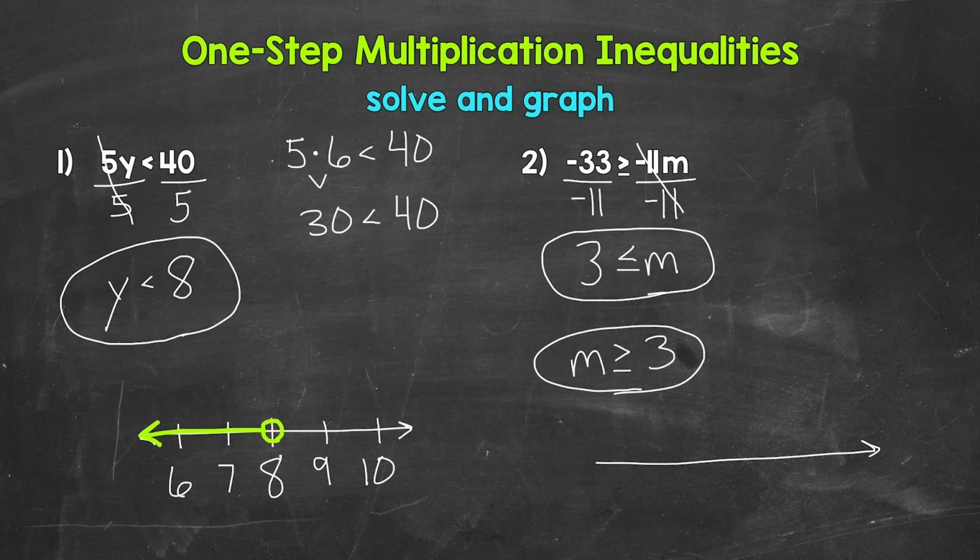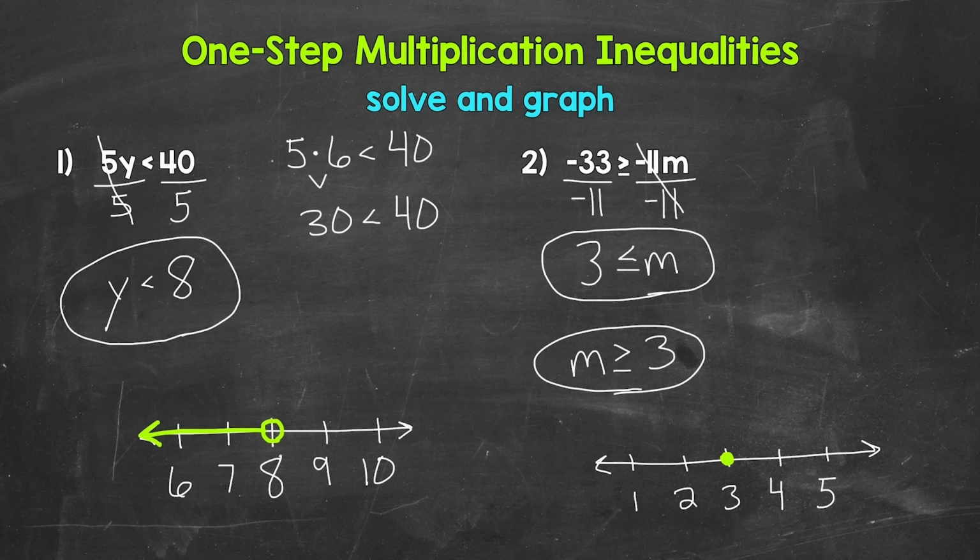So we can draw our number line here and put 3 in the middle with a couple of numbers on both sides. So we have 1, 2, 3, 4, 5. Now m is greater than or equal to 3. So 3 is included. It is a solution.